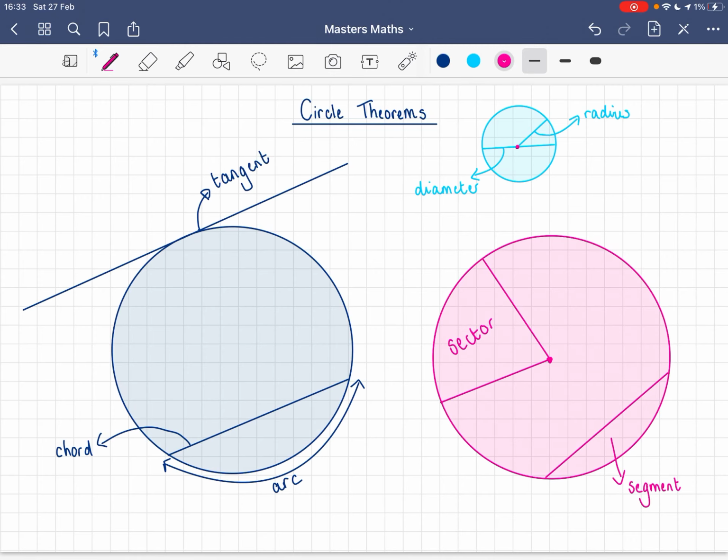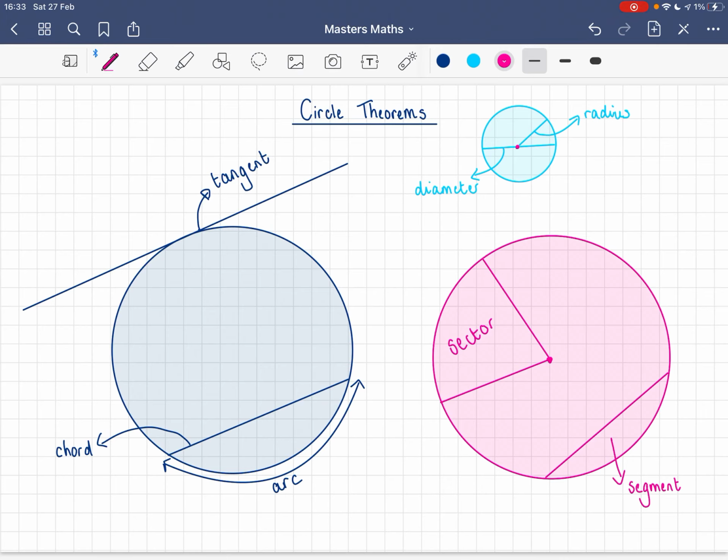So this would be the centre of our circle. So diameter goes all the way across the centre of the circle, and radius goes from the centre to the circumference. If we don't know that by now, we're maybe not ready for circle theorems. You need to go back and do area and circumference of a circle. But for everyone else, I'm assuming that we know those two parts of the circle.